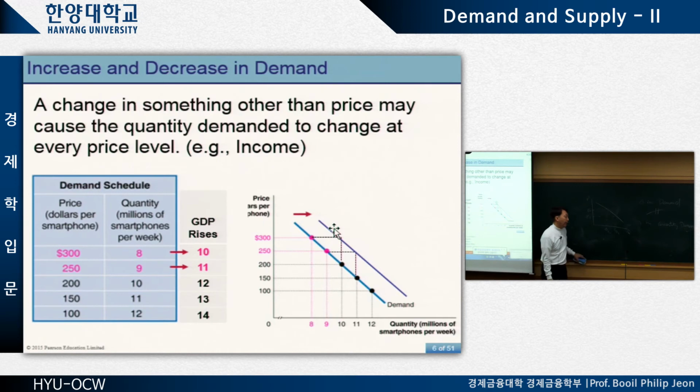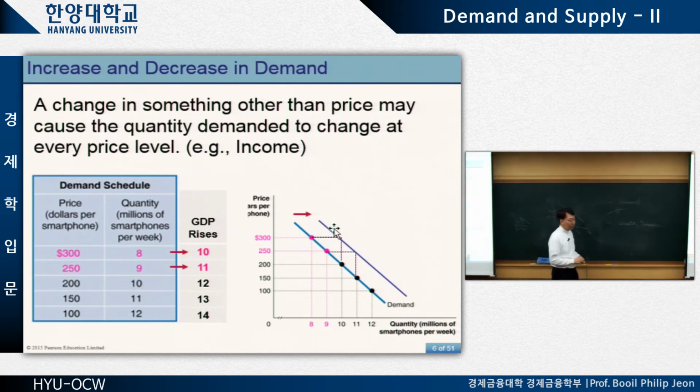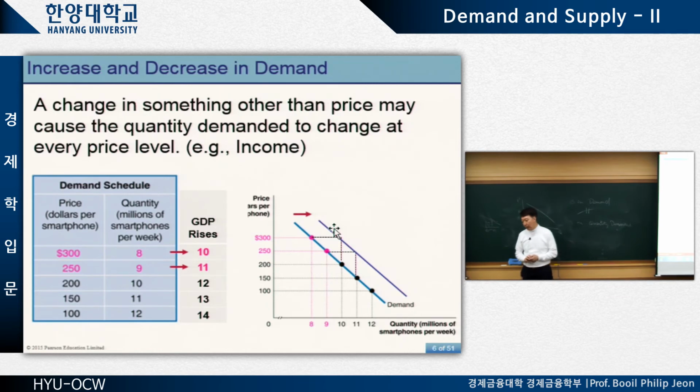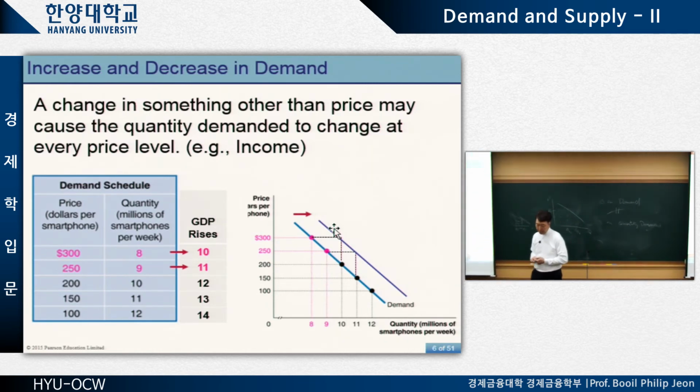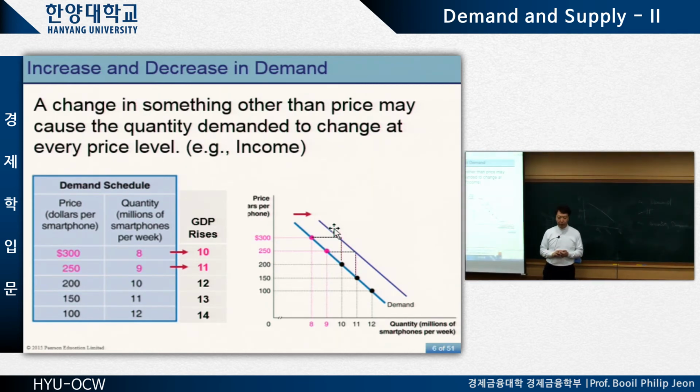But if something else changes here, other than the price, like consumers' income, so compared to last month, this month people have larger income. In the United States, it happens typically in February.